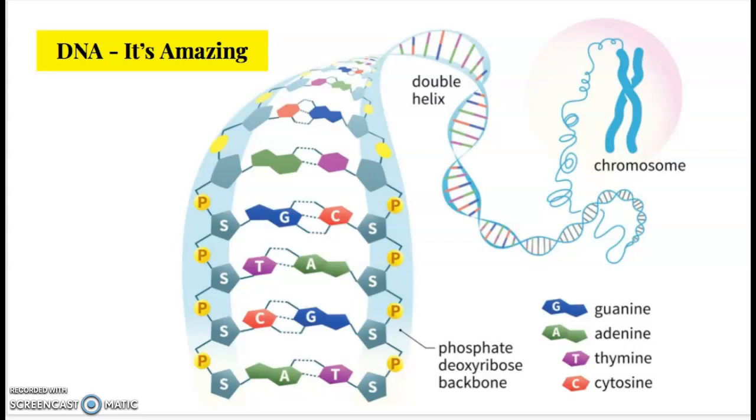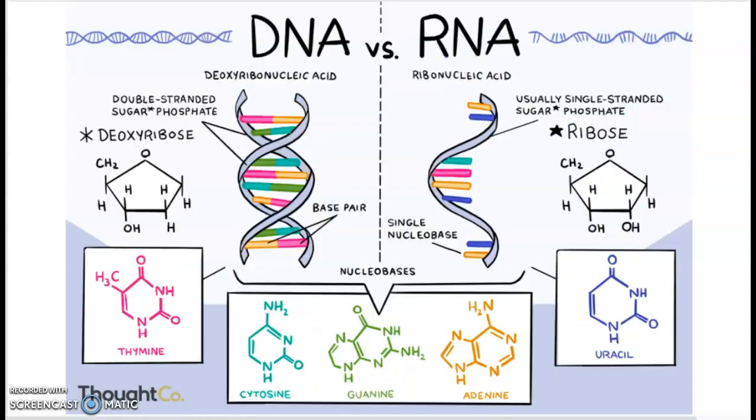So let's take a look now at DNA nucleic acid versus RNA nucleic acid. So DNA, that double-stranded helix, is represented on the left, and we can see some facts about ribonucleic acid, RNA, on the right. So DNA abbreviation comes from deoxyribo, N from nucleic, and A from acid. RNA is R from ribo, N from nucleic, and A from acid.